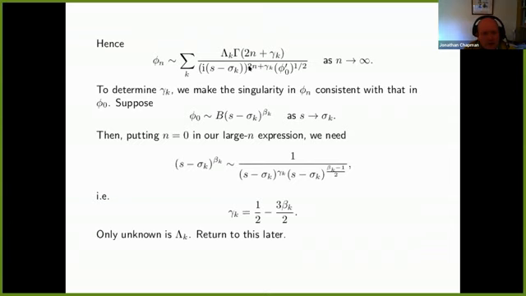Well, I'd get an s minus sigma to the gamma on the bottom here. And I've got to be careful about this phi prime to the half, which would give me this beta minus 1 over 2 term as well. So if I make sure the powers of s minus sigma are consistent on the right and the left, I can read off exactly what the gamma is in terms of the beta. So the only unknown we've got left is the lambda, and I'm going to come back to that later.